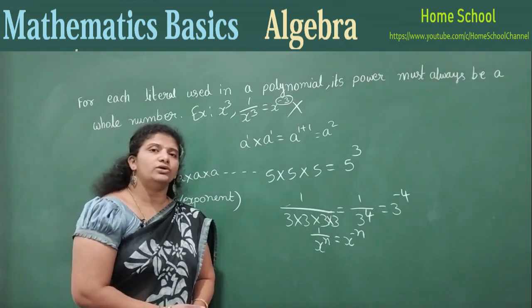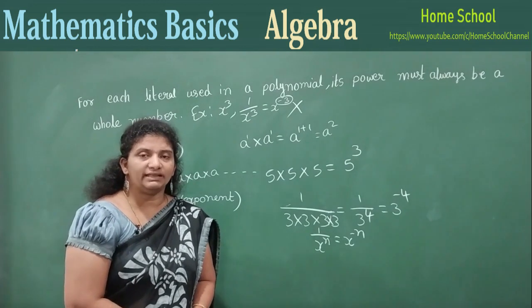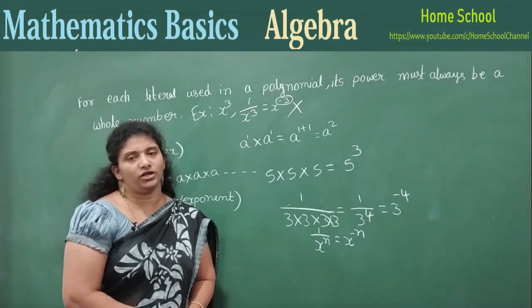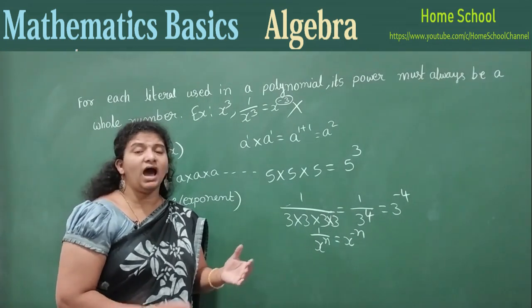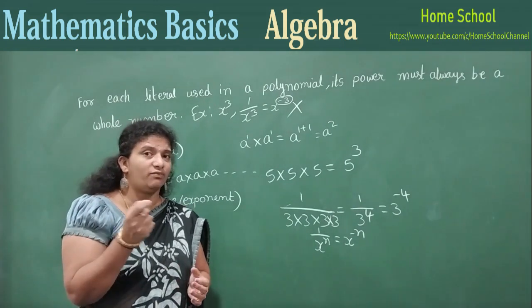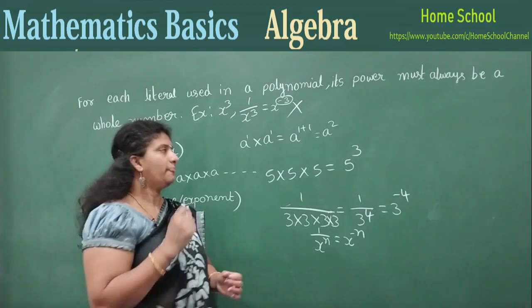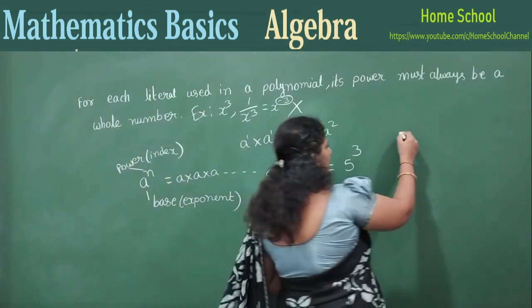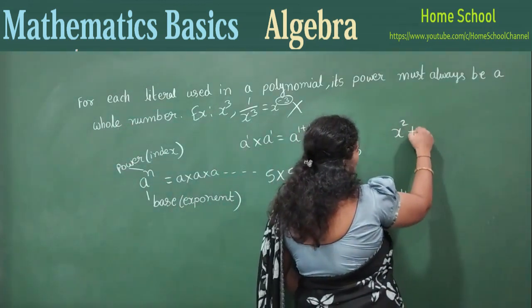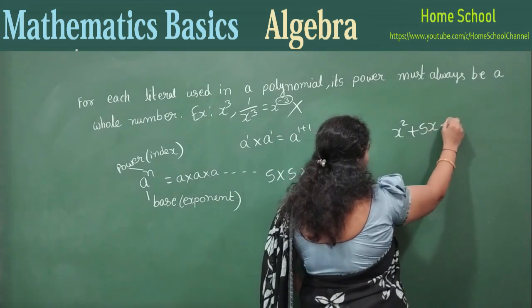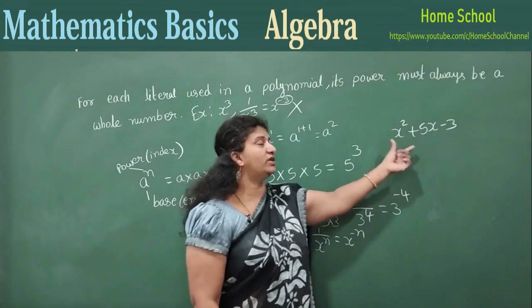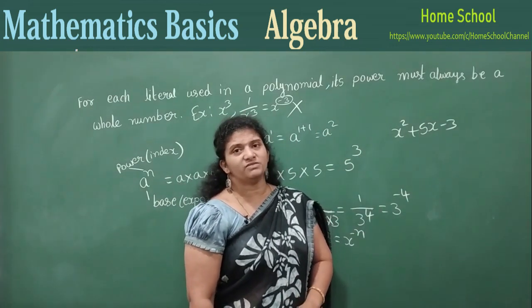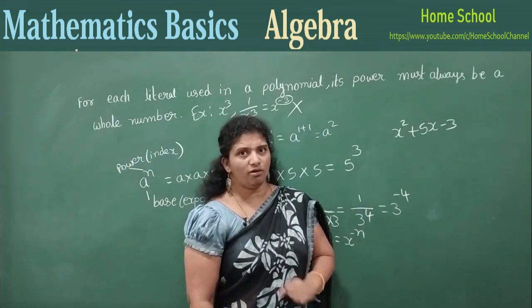Now we are going to learn one more important topic, the degree of a polynomial. What is the degree, children? Degree is nothing but the highest power in a given algebraic expression. Suppose I take x square plus 5x minus 3. This is an algebraic expression of 3 terms, so it is a trinomial.